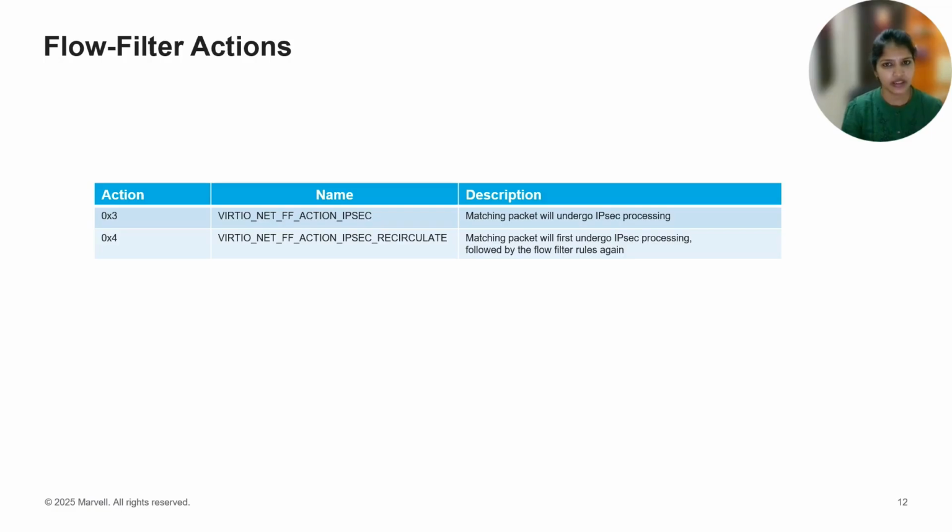With this action, IPsec processing will be applied on the packet first. Subsequently, the packet will go through flow filter rules again for a second time and try to match other flow filter rules based on decrypted packet content.